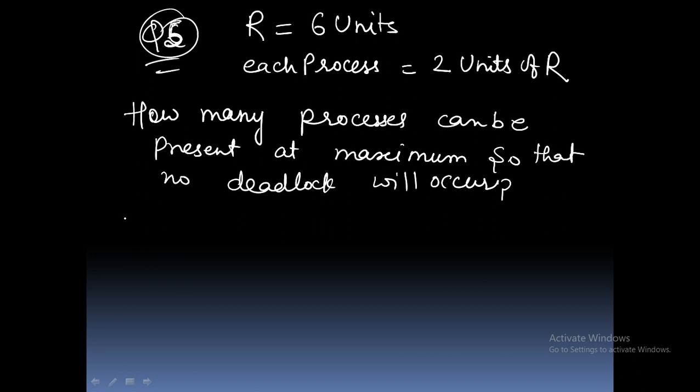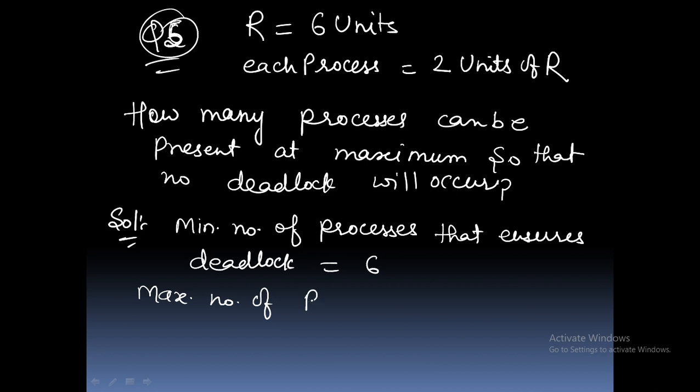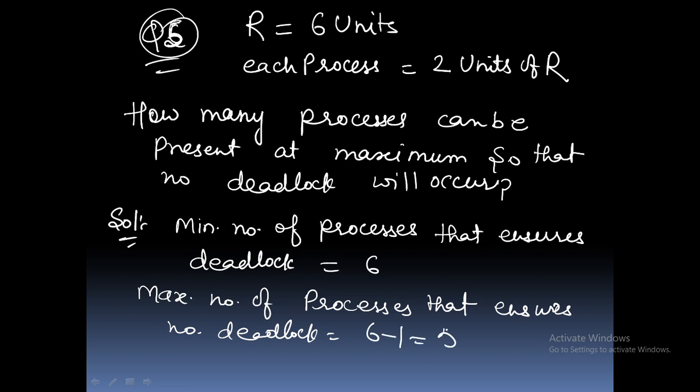For finding this, first of all, you have to write that the minimum number of processes that ensures deadlock will be equal to 6, that is given, and the maximum number of processes that ensures no deadlock is equal to 6 minus 1, 5.